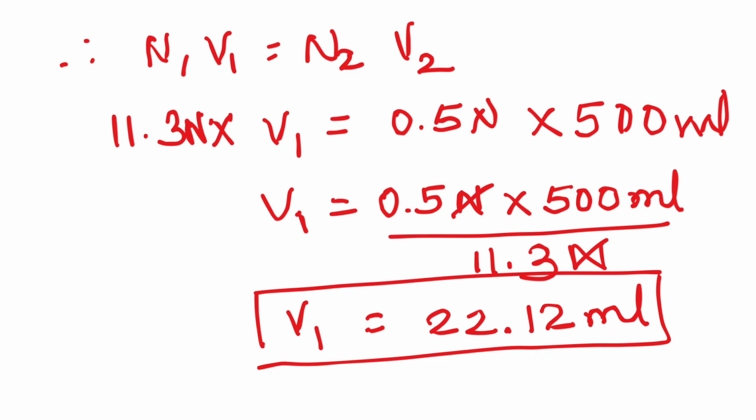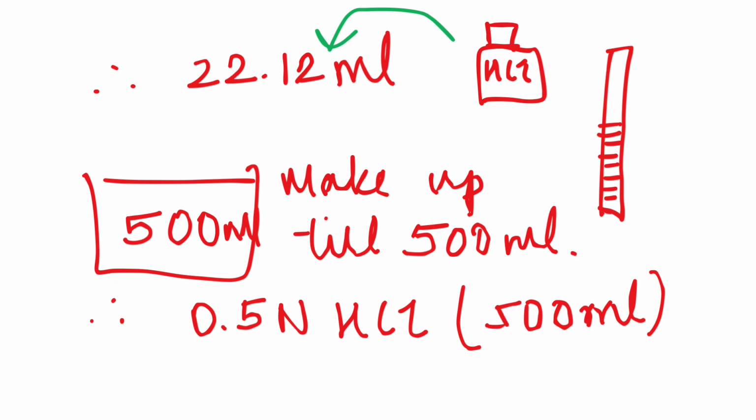Normality will cancel out, and the only unit that is left is ml, and the answer would be 22.12. So from the bottle of HCl that you are having, you're going to take 22.12 ml, and then you are going to make it up to 500 ml with distilled water. That's how you make 0.5 normal HCl.